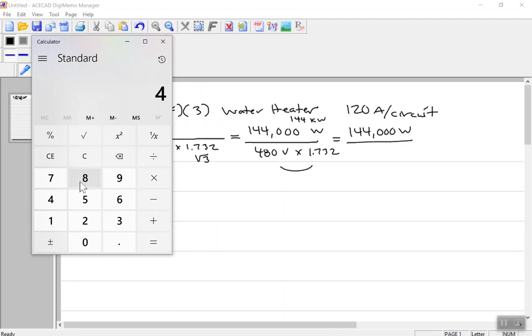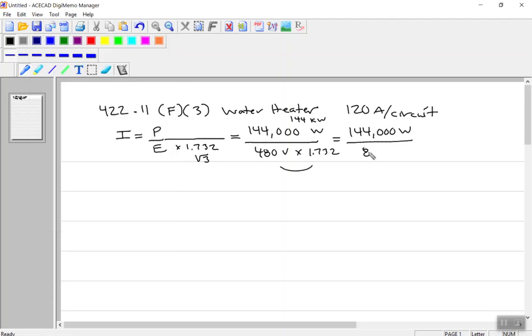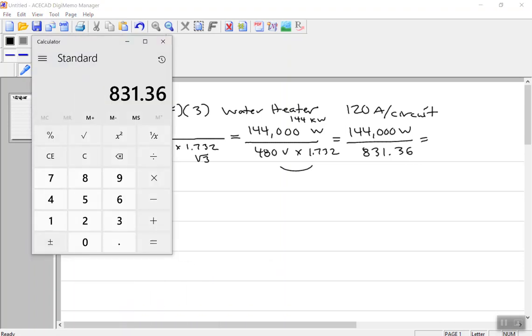So we got 480 times 1.732, and you get 831.36. That's nothing you need to memorize, but you do need it. Now we got to divide those two and finish this up.